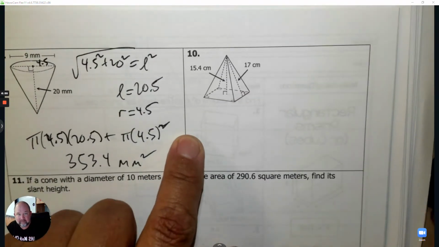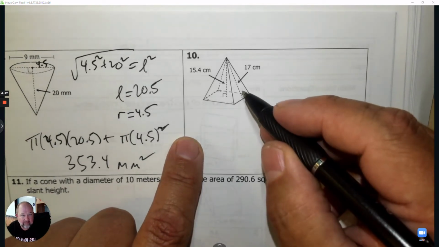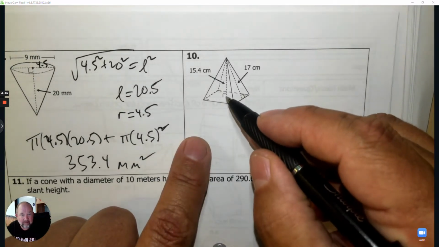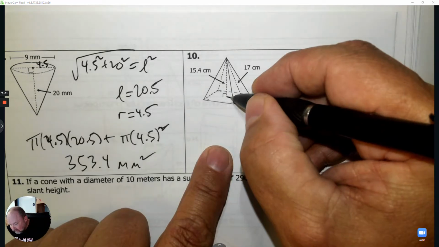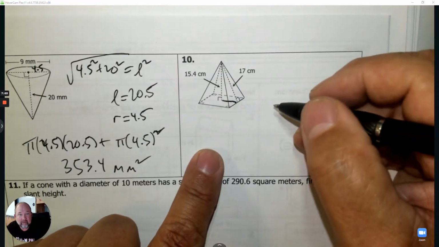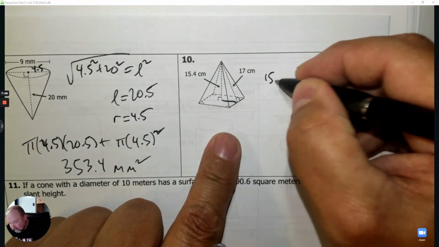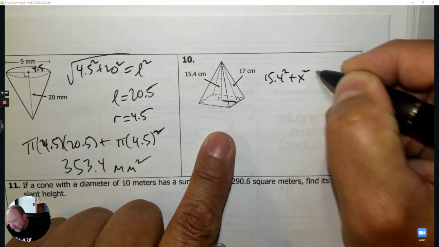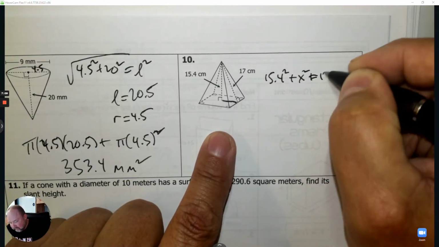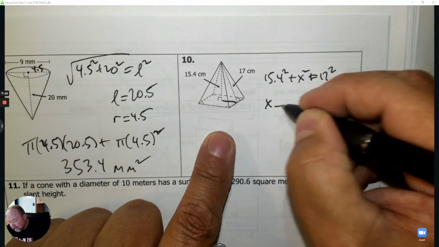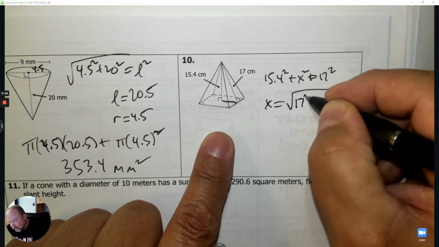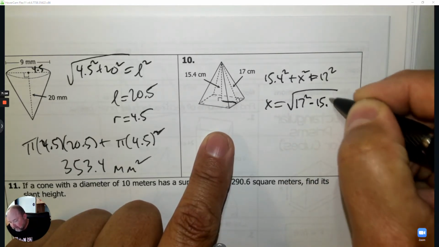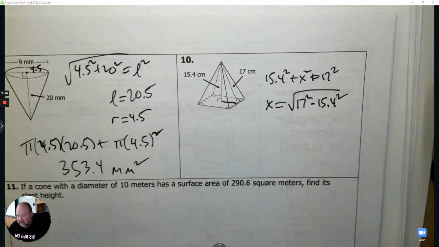Number 10. Again, I'm given a slant height, but I need to find this length right in here to understand the base. So to do that, it's 15.4 squared plus x squared equals 17 squared. So in my calculator, I'm going to go square root 17 squared minus 15.4 squared to type it in one step.